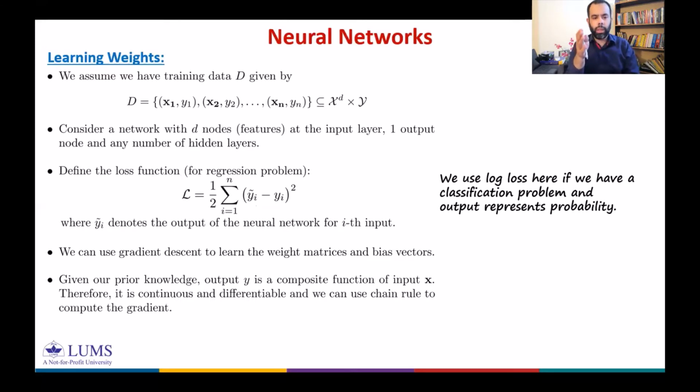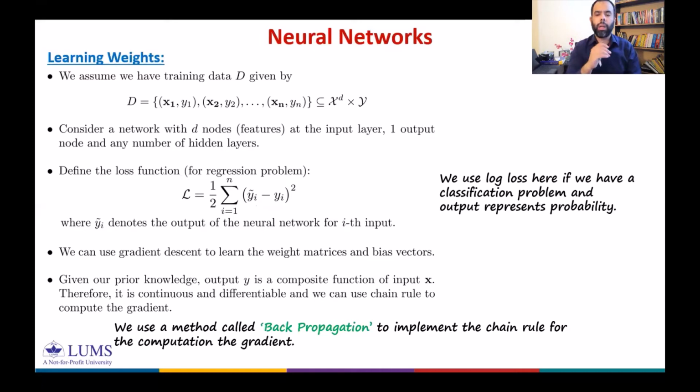And we know that it is continuous, differentiable, and therefore we can use the chain rule to compute the gradient. In order to compute this gradient, we use a method which we call back propagation to implement the chain rule for the computation of gradient.